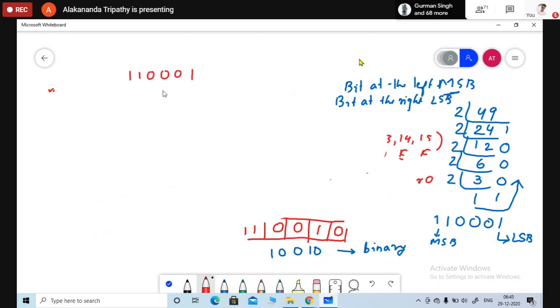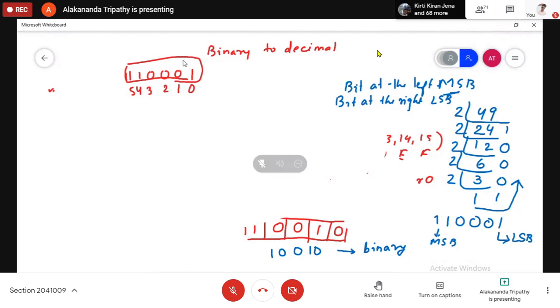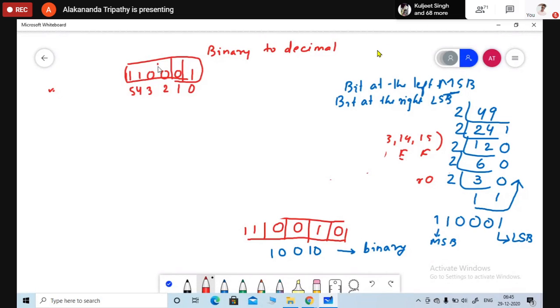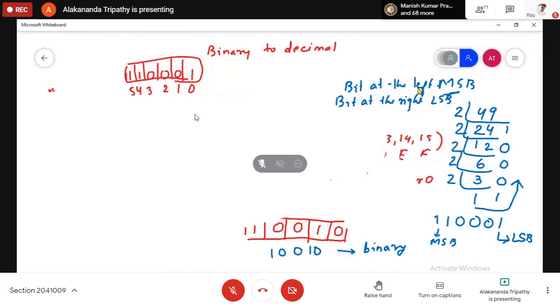So now the next thing is, in order to convert binary to decimal, we need to put the numbers. So here the values are 0, 1, 2, 3, 4, 5. I have just provided the index numbers here. Srinath, are you clear? So here I have put the numbers.